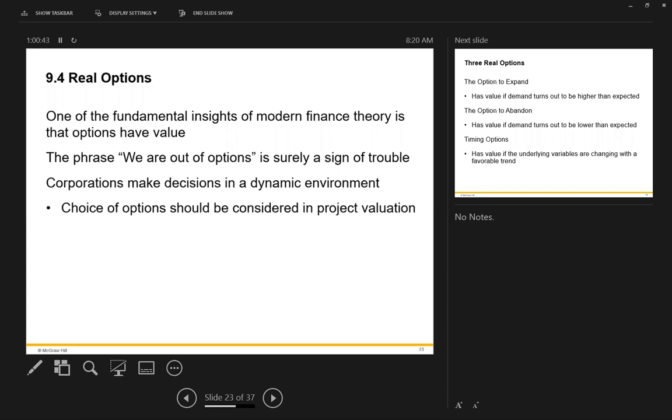Last section, real options. So one of the fundamental insights of modern finance theory is that we have options out there and they have value. Corporations make decisions in dynamic environments. So a choice of options should be considered in our project valuation.